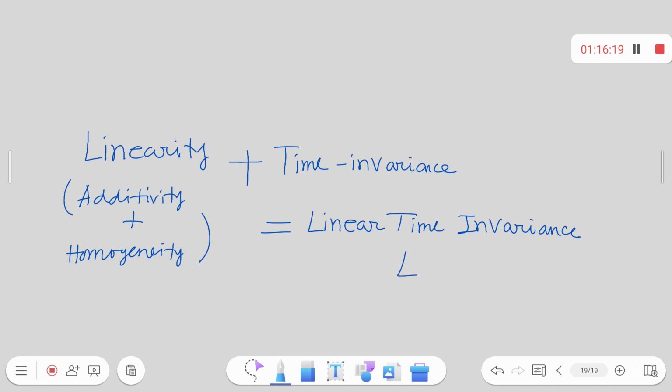Or in short, we call it LTI. Or in general, LSI, linear shift invariant property.